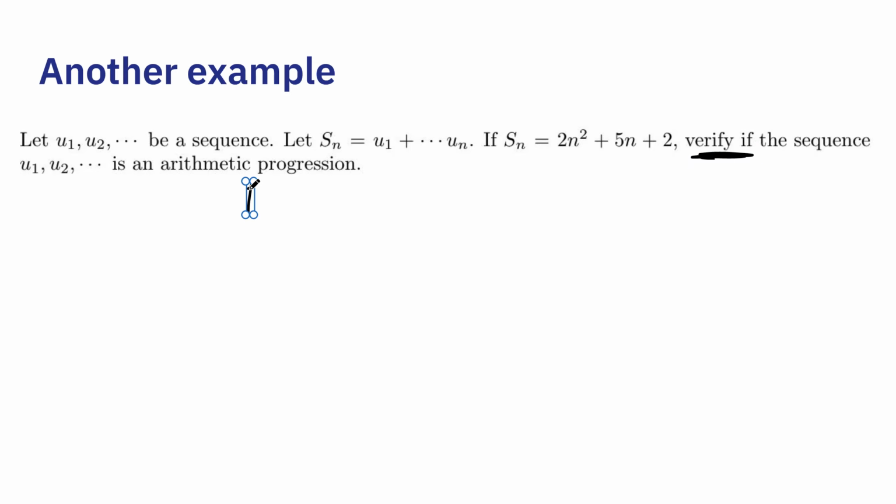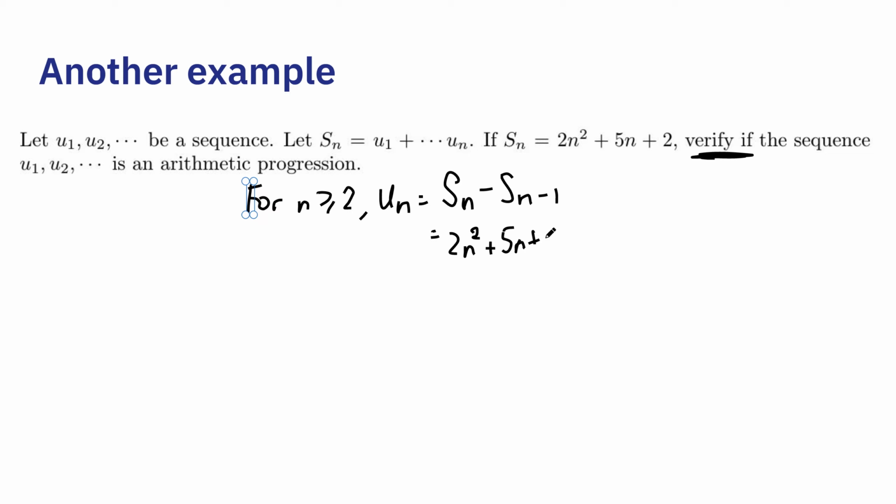We write, for n greater than or equal to 2, un equals Sn minus Sn minus 1, which is equal to 2n squared plus 5n plus 2 minus 2 times n minus 1 squared minus 5 times n minus 1 minus 2.